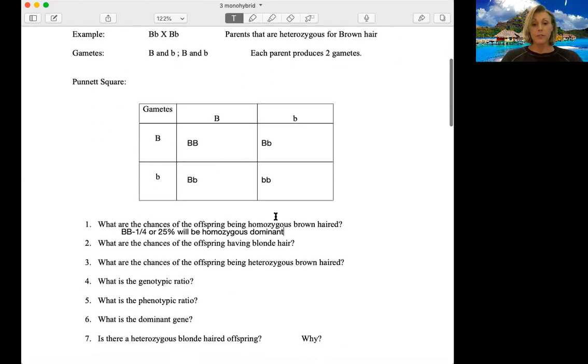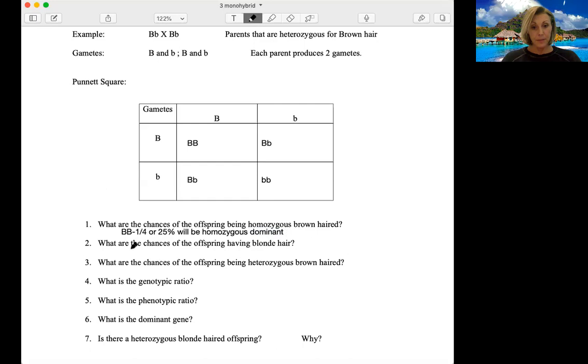All right. What are the chances that the offspring will have blonde hair? To show blonde, you have to have both recessives. So this one right here, little b. Again, it's not typing on there for me, so I'll write it like this. All right, whatever.